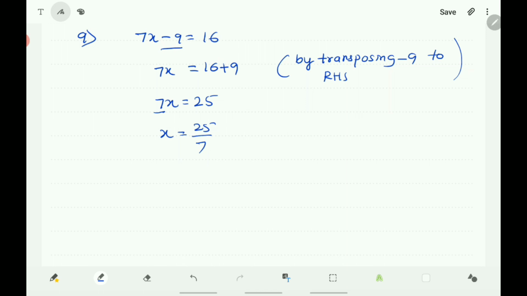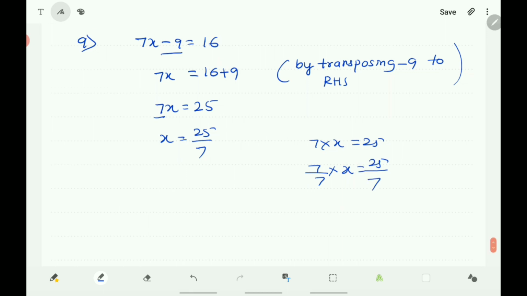So you know that 7x means 7 into x is equals to 25 here. And here dividing by 7 means it cancels, x becomes equals to 25 by 7. Therefore it is dividing both sides by 7. You can write x equals 25 by 7.